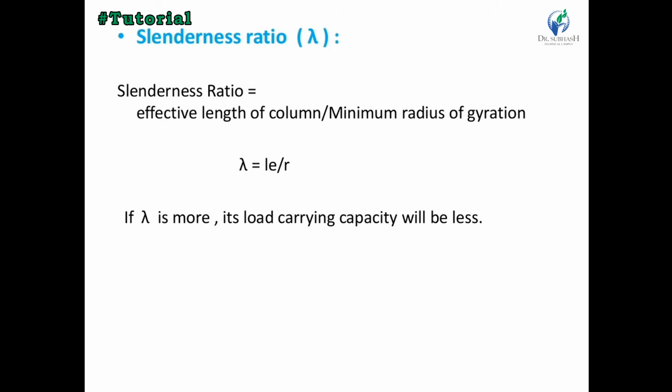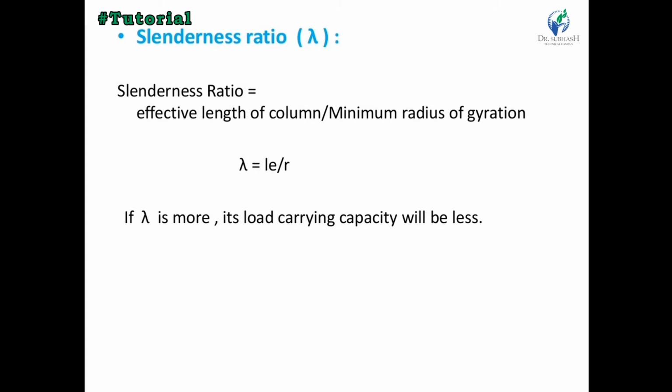In that steel table, for different sections we can find rxx and ryy. Of both values, rxx and ryy, whichever is minimum is our minimum radius of gyration. So lambda, meaning slenderness ratio, is equal to the effective length of the column divided by the minimum radius of gyration.